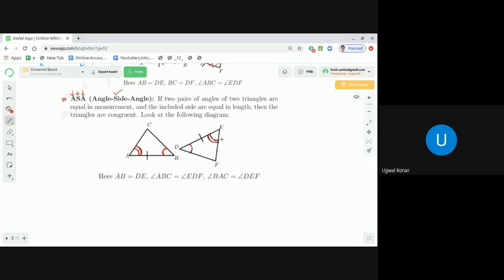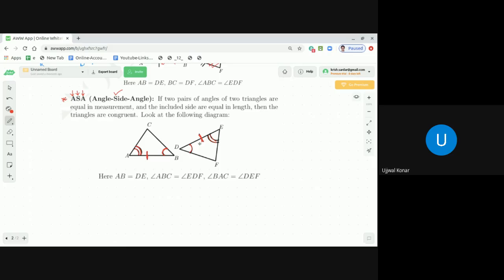Then the side we are going to consider is the one between these 2 angles. If you consider the triangle ABC, between these 2 angles, that is ABC and BAC, the side is this one. And for the triangle DEF, between the angles EDF and DEF, the side is this one.